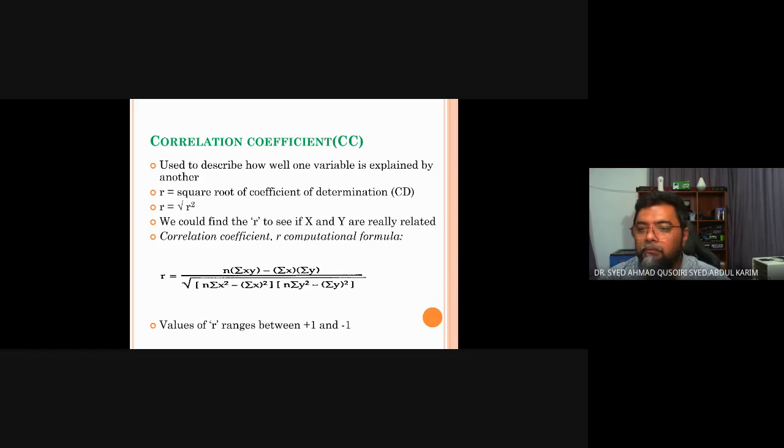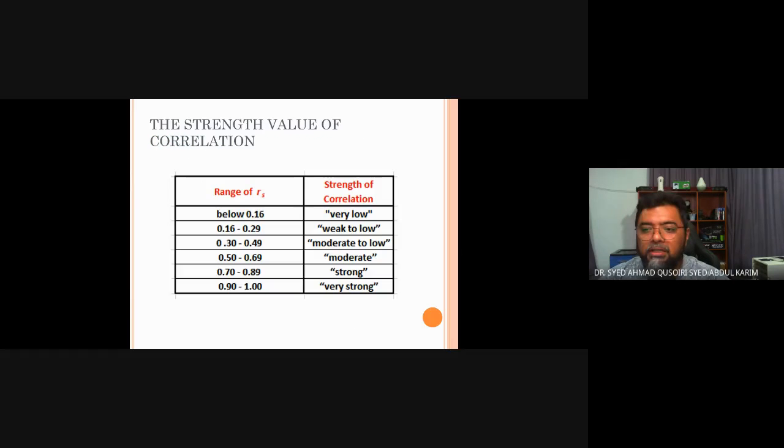But putting negatives away, we want to know the strength of the correlation. Let's say it is a positive relationship, but we want to know the strength of that positive relationship.